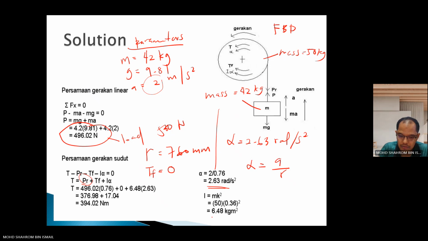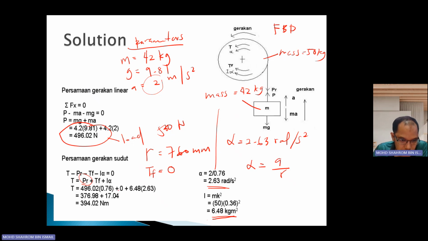So throughout all the equations, you manage to get alpha as 2.63 radian per second squared, while for the moment of inertia, you got 6.48 kilogram meter squared.